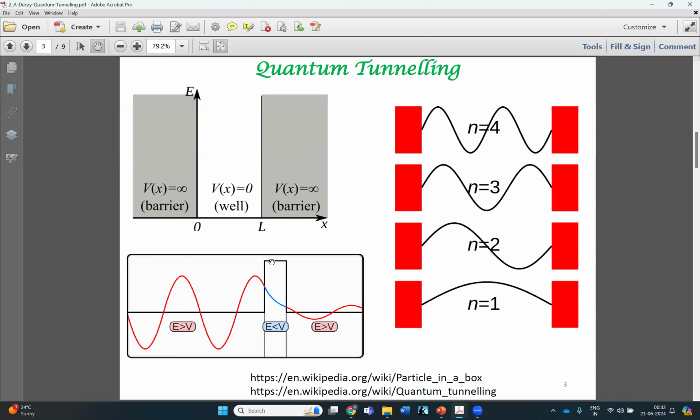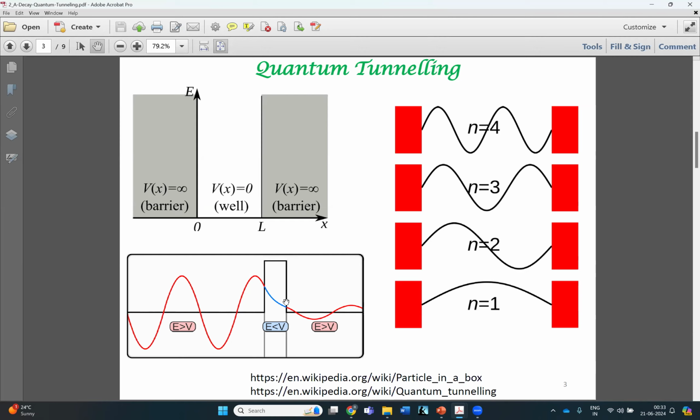Your system does not require 22 MeV to cross this activation barrier. Even if your system has less energy than 22 MeV, you may see some finite rates. That is what we are going to utilize to explain the rates observed in alpha decay.